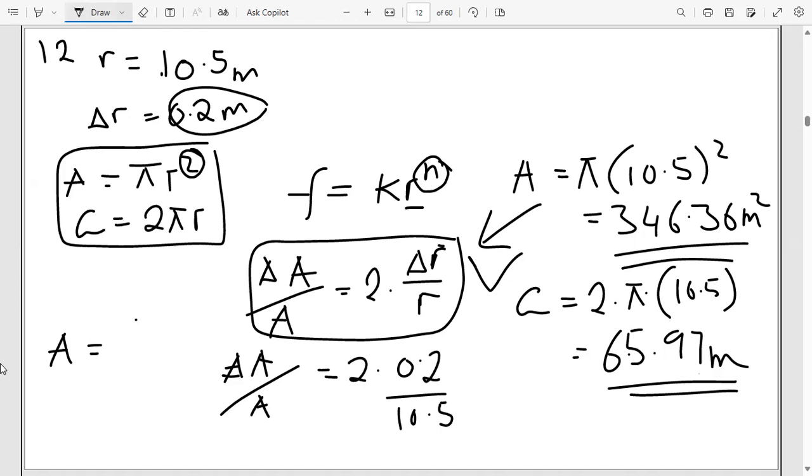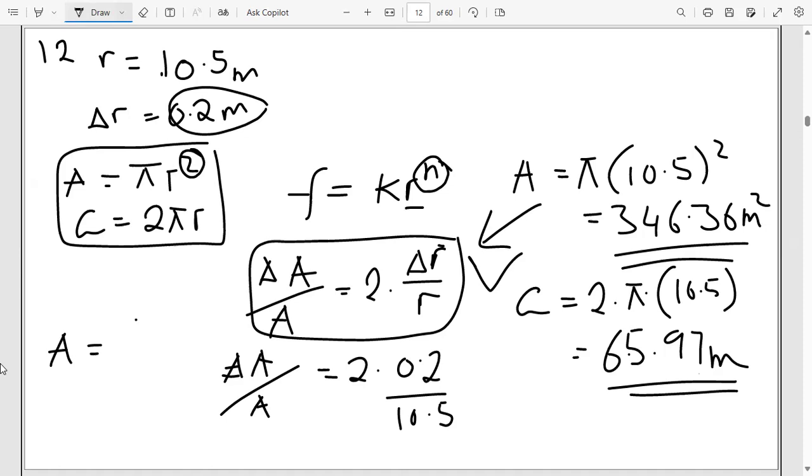Okay, and from here, we can actually multiply. If you divide 10.5 into 0.2, what answer are we going to get? Anyone with an idea, or anyone who has a calculator closer to them?